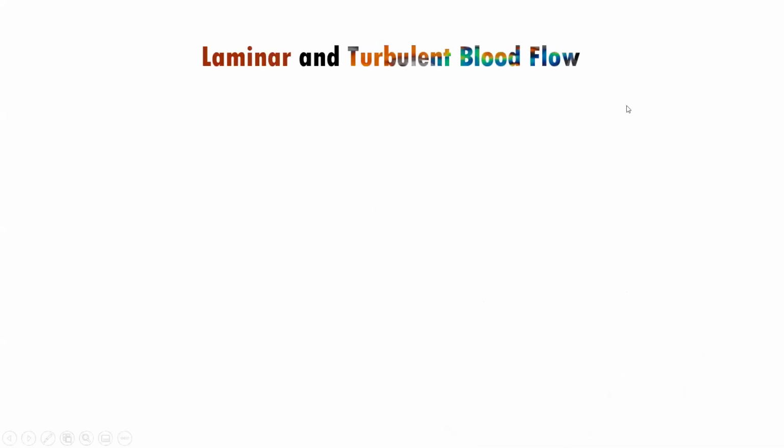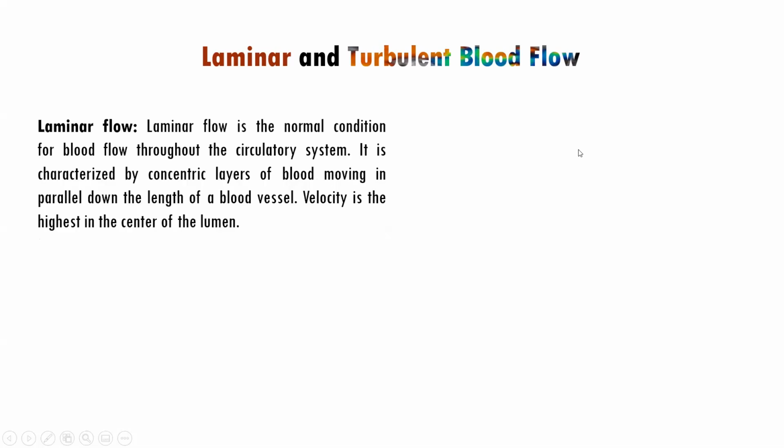During scanning, we need to know some basic things of Doppler ultrasound. You will learn about laminar flow and turbulent blood flow. Laminar blood flow is the normal blood flow present in a normal artery.